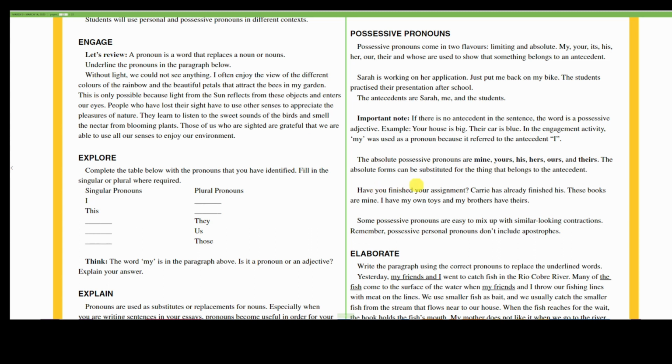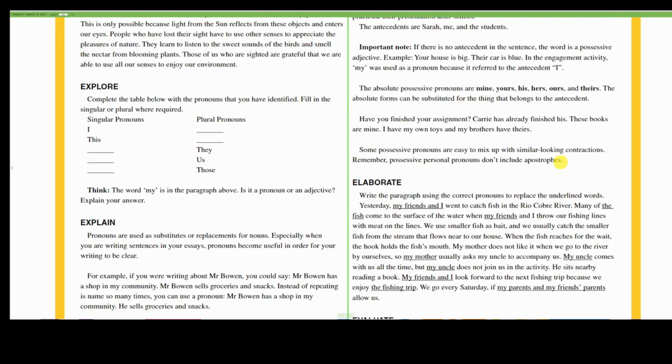The absolute forms can be substituted for the thing that belongs to the antecedent.